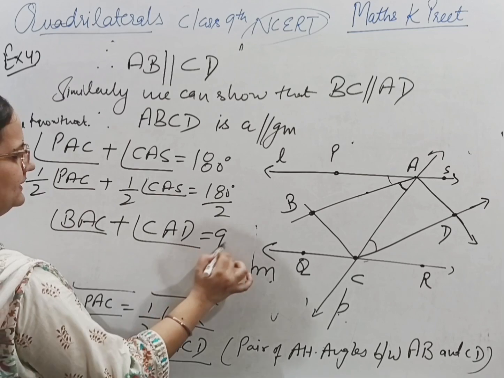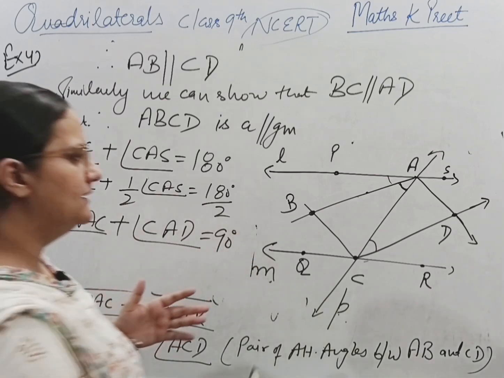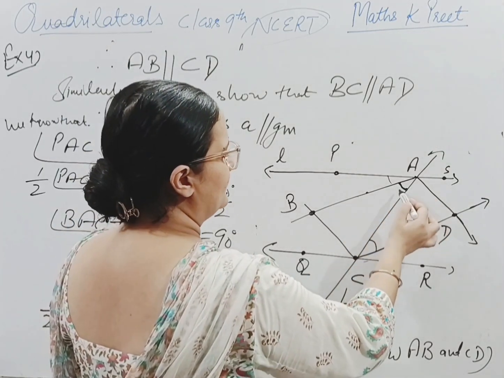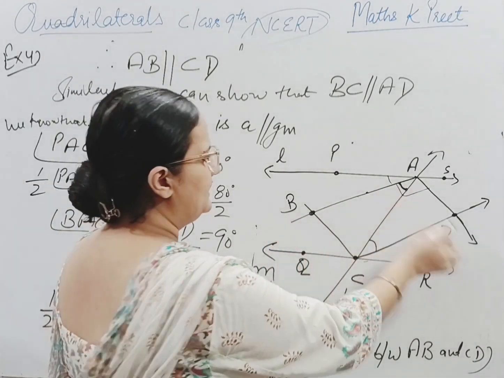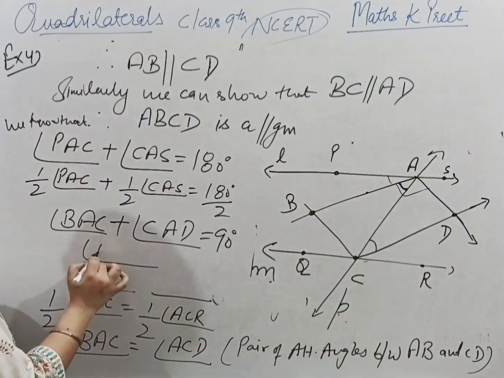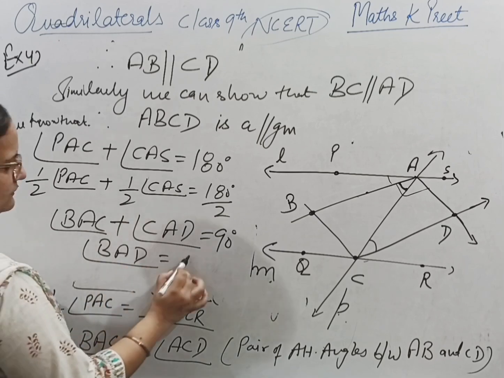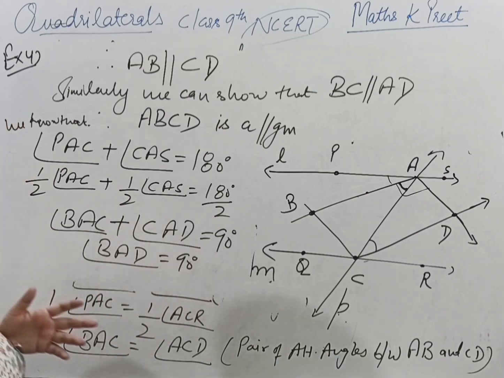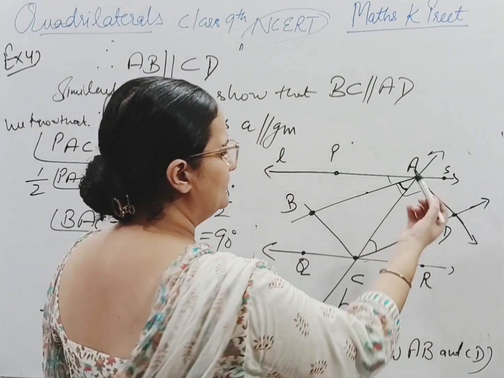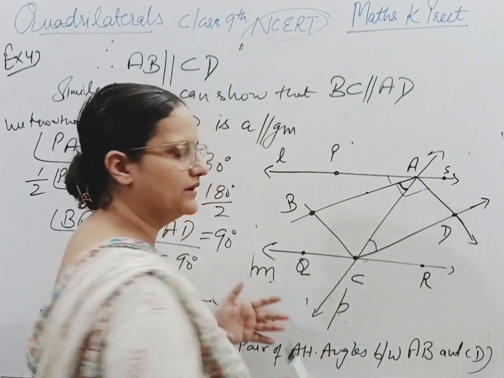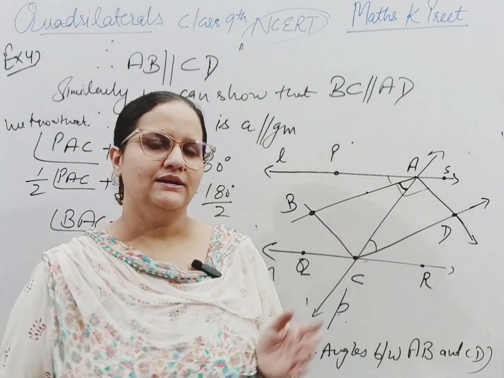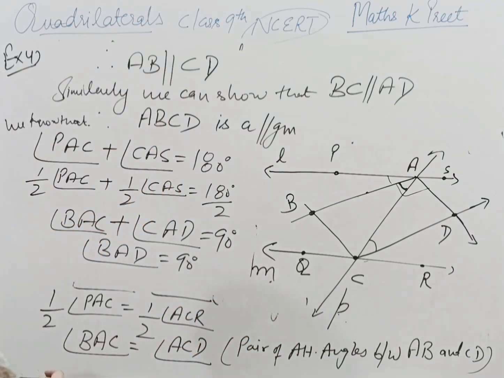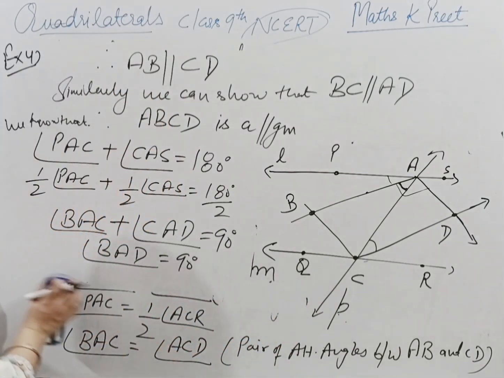This is equal to 90 degrees. So we have shown that this angle plus this angle, meaning this complete angle A, that is BAD, is equal to 90 degrees. An angle at a vertex of this parallelogram is shown to be 90 degrees, which is enough to prove that ABCD is a rectangle.